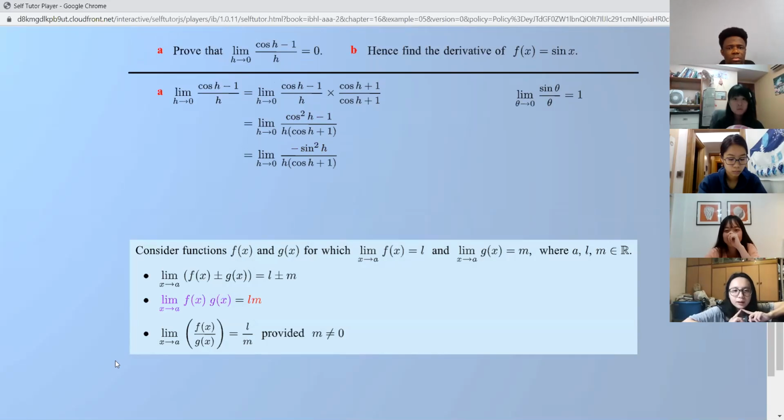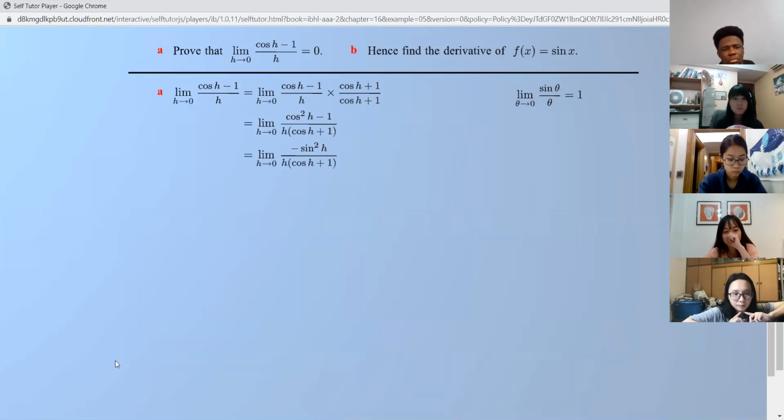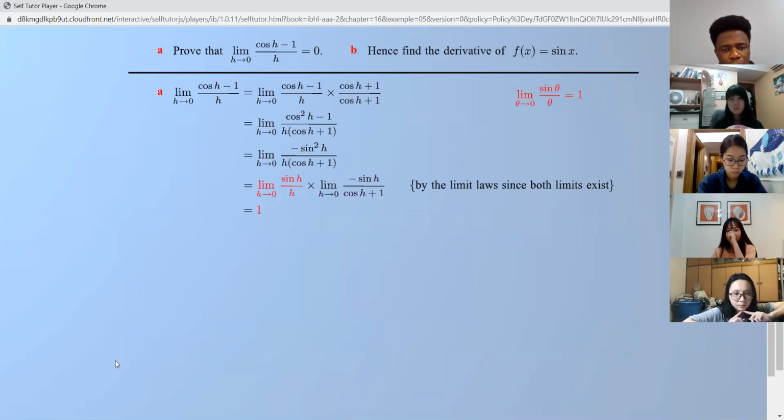As h tends to 0, minus sine h tends to 0, and cos h plus 1 tends to 2, so the second limit tends to 0. So we can conclude that the limit as h tends to 0 of cos h minus 1 all over h is equal to 0. We are now ready to differentiate sine x using first principles.